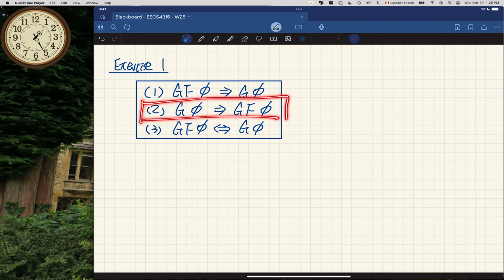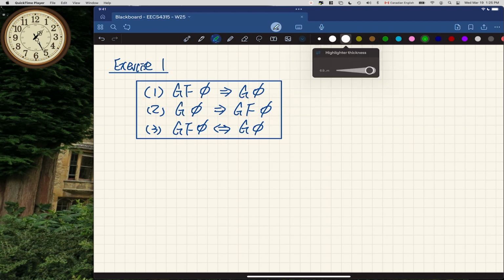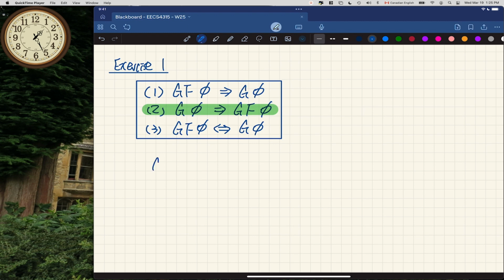You're basically saying this is a stronger property, meaning that it would be more difficult to satisfy this than this. All right, that's good, so that's the correct answer. Let's visualize this, and I'll give you another important diagram. If you think about G phi over here, we are basically saying every state on the path towards infinity has to satisfy the phi.